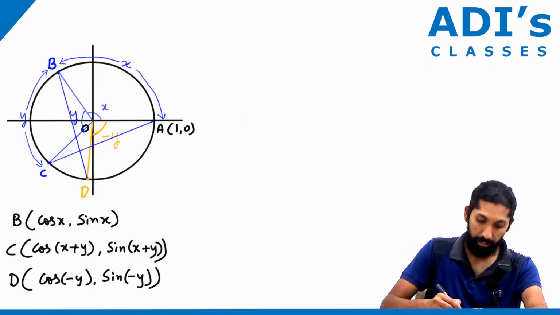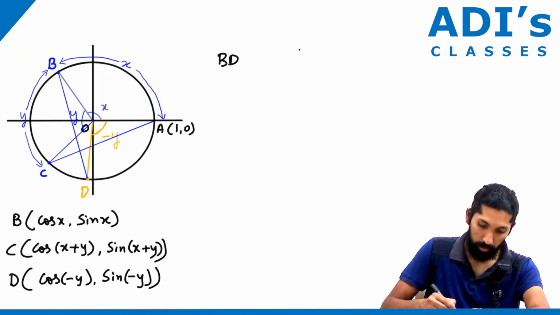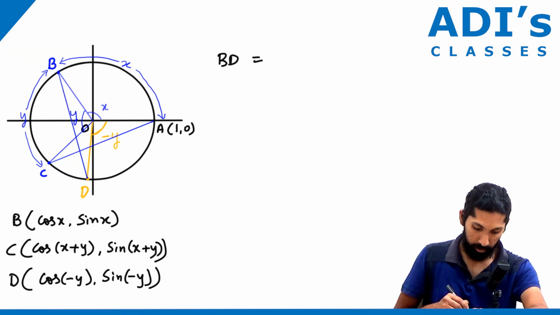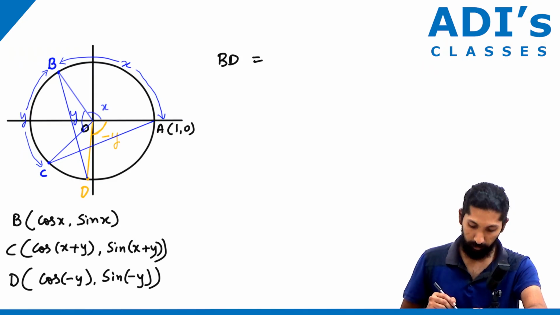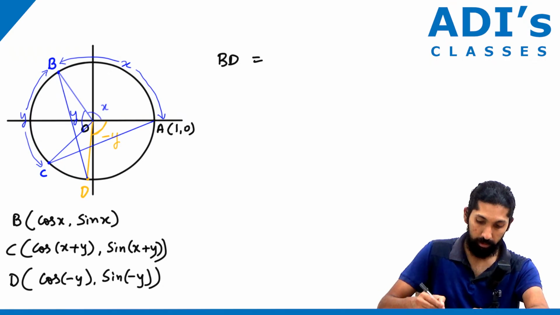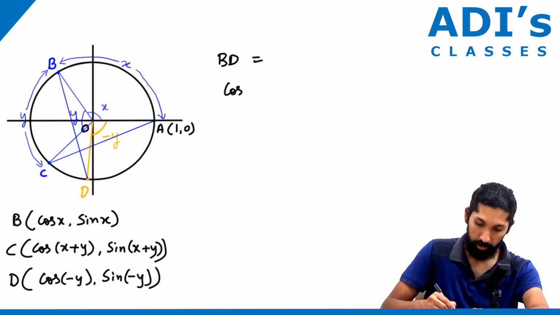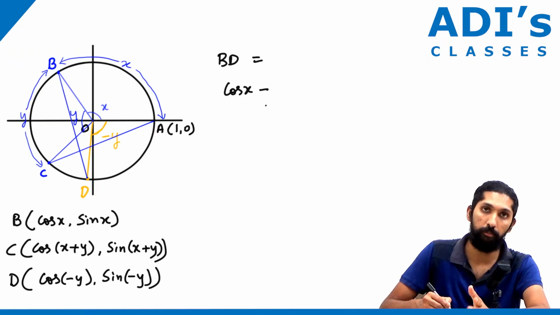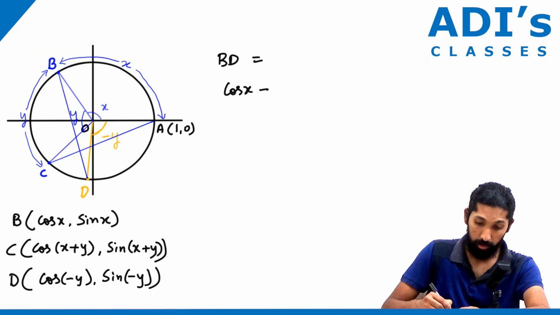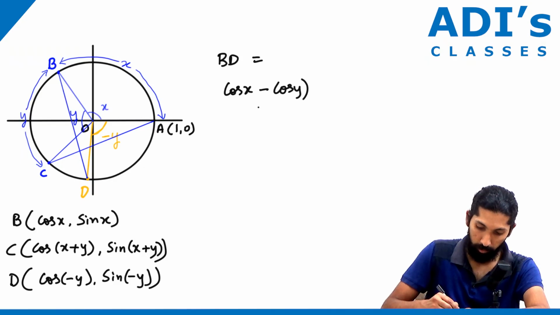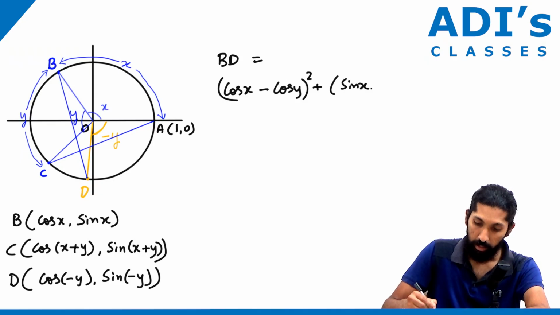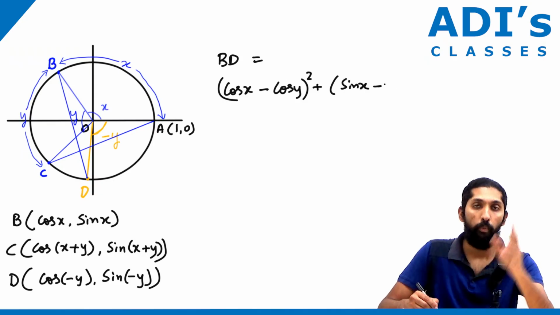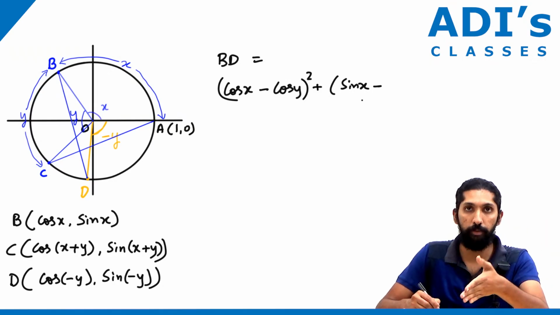Alright. Now BD. So BD is going to become, now B is cos x comma sin x, and D is cos of minus y, sin of minus y. Now BD is going to become cos x minus cos of minus y, which is nothing but cos y itself. So cos x minus cos y whole square plus sin x minus, what is sin of minus y?